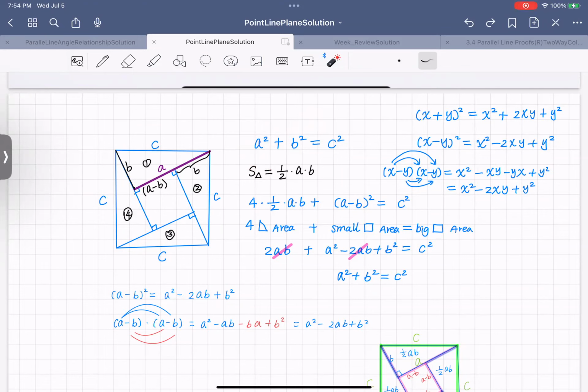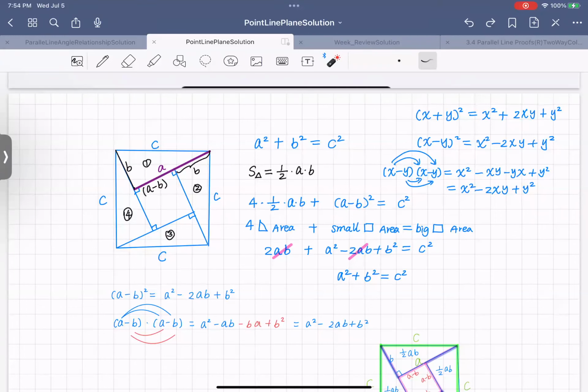Anybody finish drawing this? Good, Timothy, thank you. Jeffrey, good job. Katie, good job. Steven, good job. Sophie, good job.